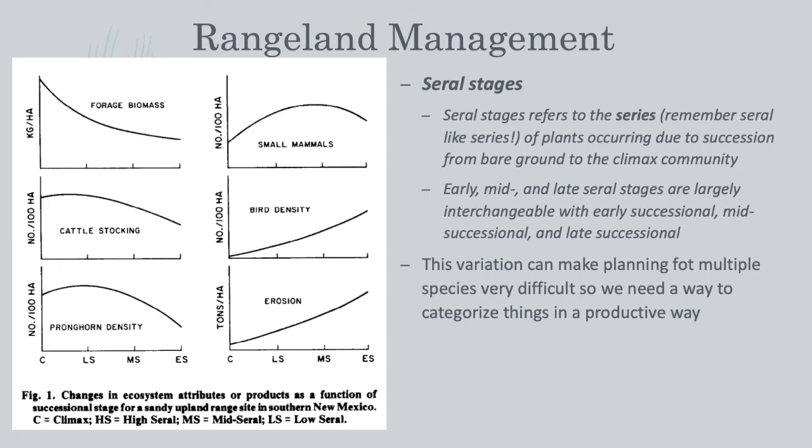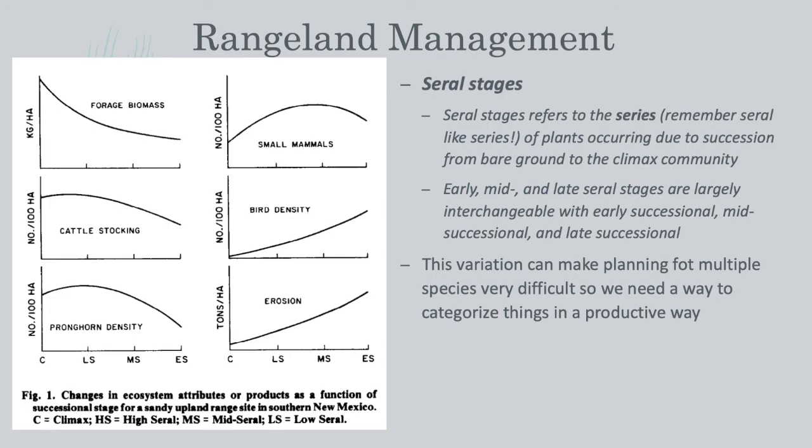So you can see that as we move from the climax community back to early successional habitats, the bird density goes up. The small mammal density has some optimal density in the middle, between mid-cereal and late cereal. The pronghorn density also has some optimum at late cereal stages, which pretty much matches that of cattle.